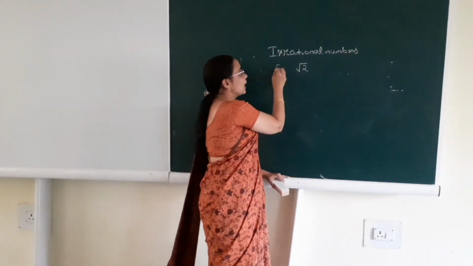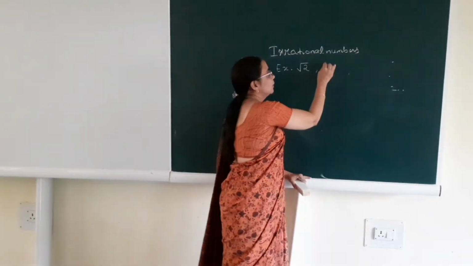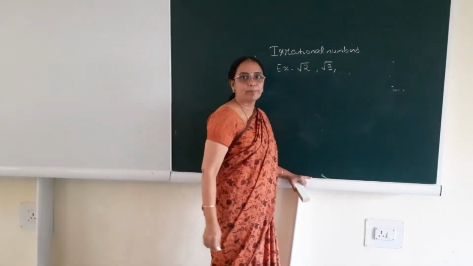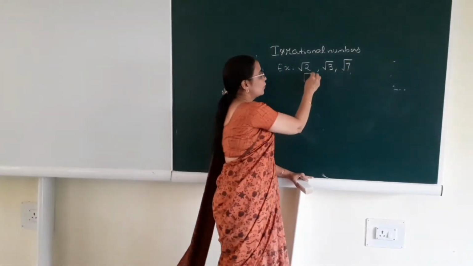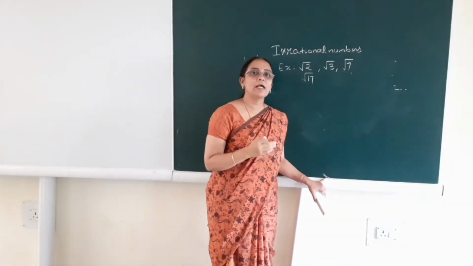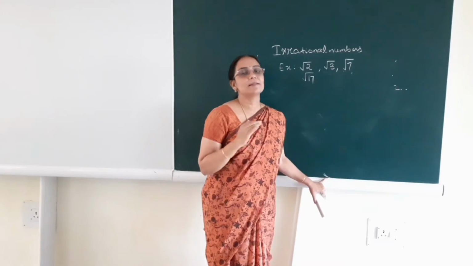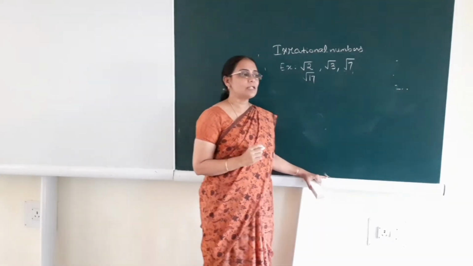What are the examples? Square root of 2, square root of 3, square root of 7, square root of 17. All these numbers which cannot be expressed as p by q are known as irrational numbers.